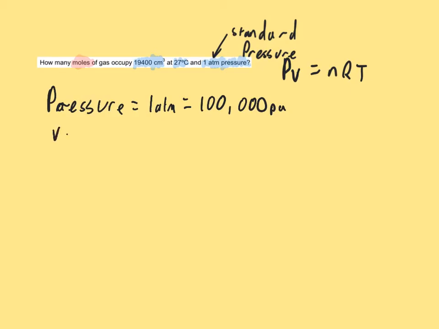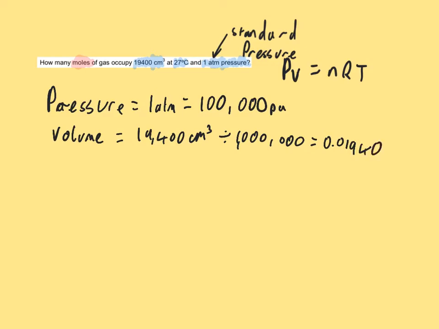Next one is our volume, which in this case we have. However, it is in centimeters cubed. We need to divide by 1,000,000. Right. So it'll be 0.01940.